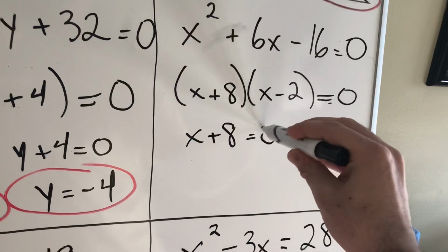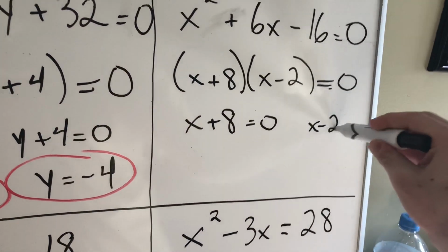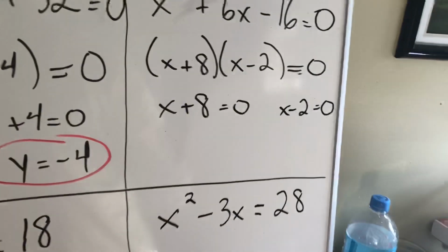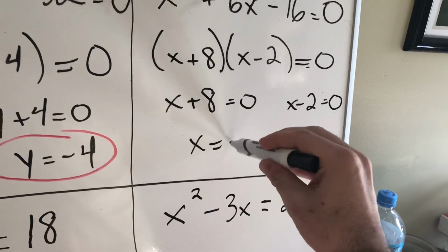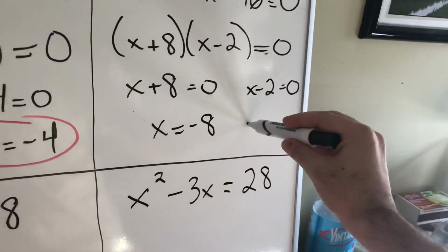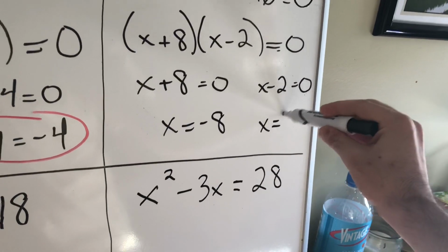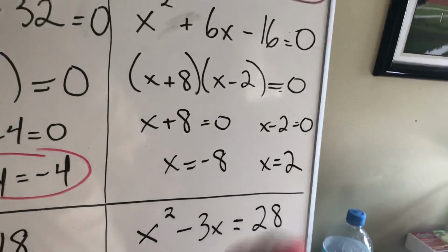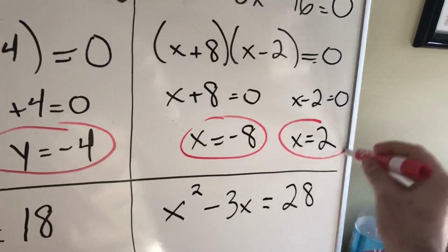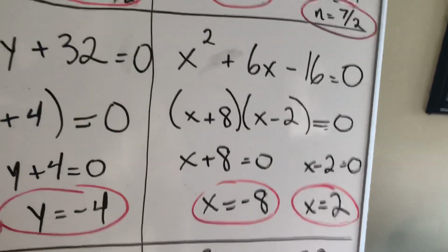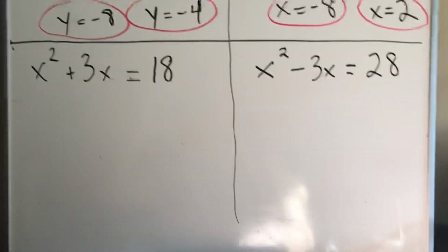Same process as on the left. Subtract 8 from both sides. Add 2 to both sides. So this one gives a positive and a negative answer. Negative 8, positive 2.